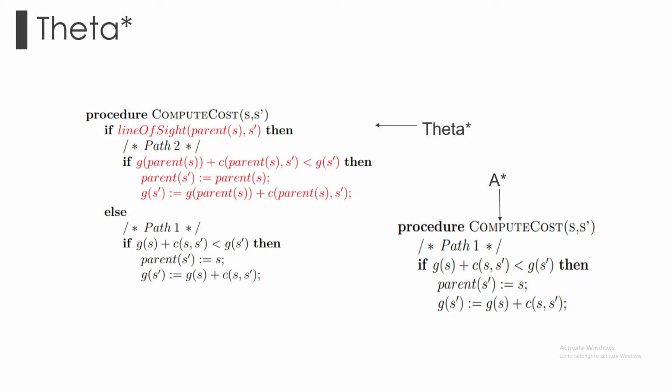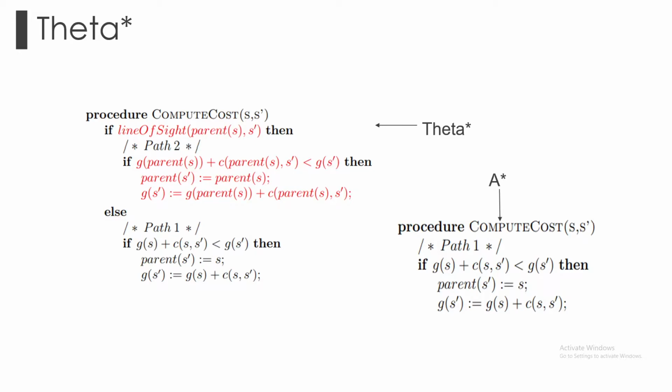In Theta Star, we also use that line of sight test, but it's done during the cost calculation step. As you can see here, we check the line of sight from the parent of the current node to the next node, which means if they have a clean line of sight, we don't need to calculate cost based off of the current node.